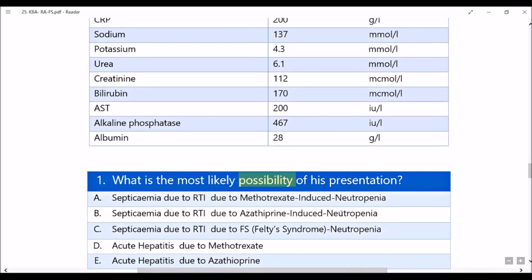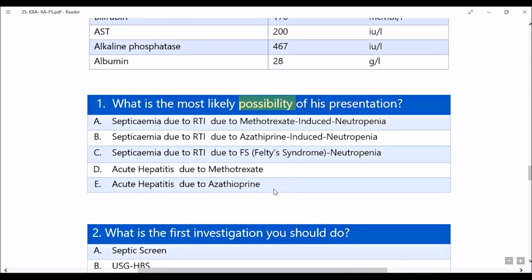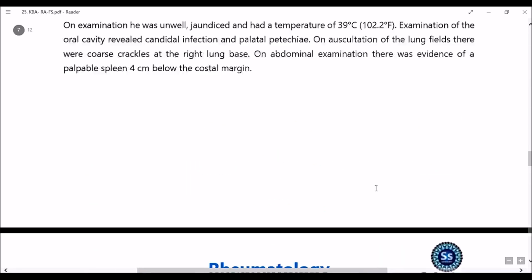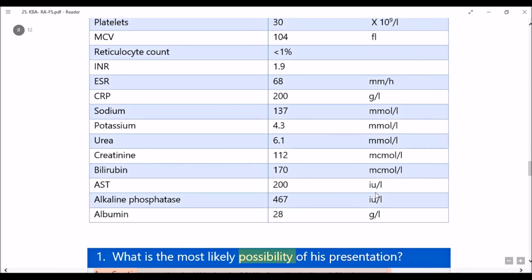According to the question approach, after the second step of studying the answer options, there is the SS box that we need to remember. Immediately after the photograph is present, if not a photograph, then data, and data is read down to up. The albumin is low, alkaline phosphatase is raised, AST is raised, serum bilirubin is raised.